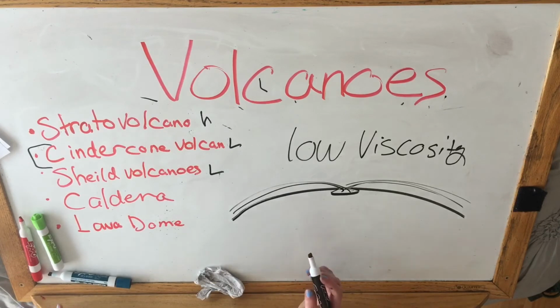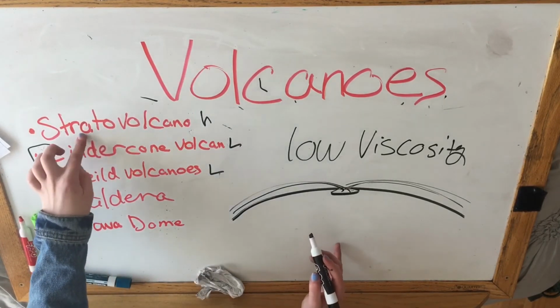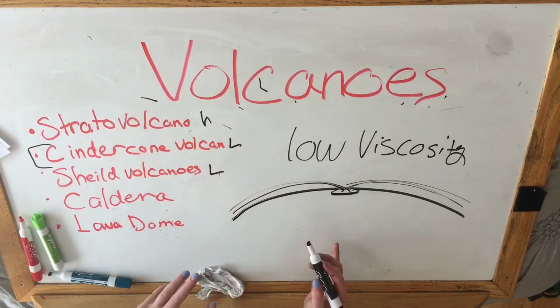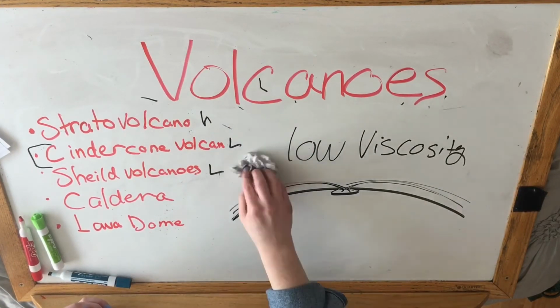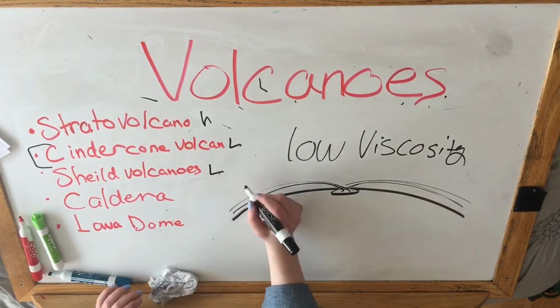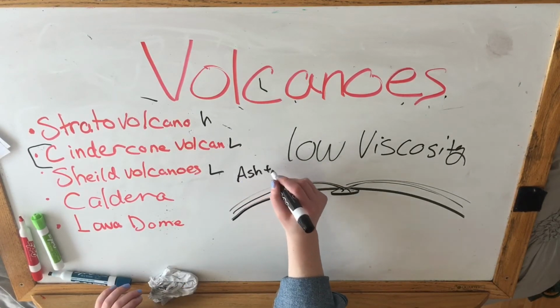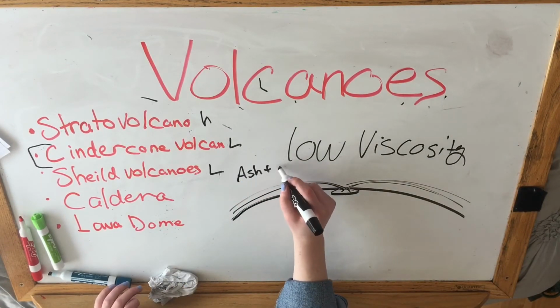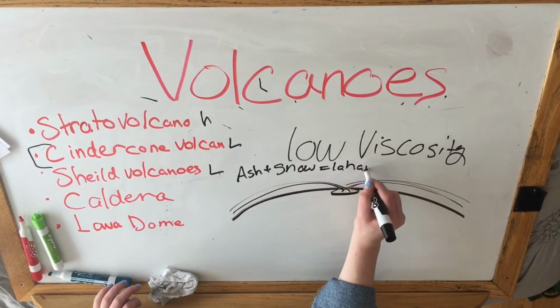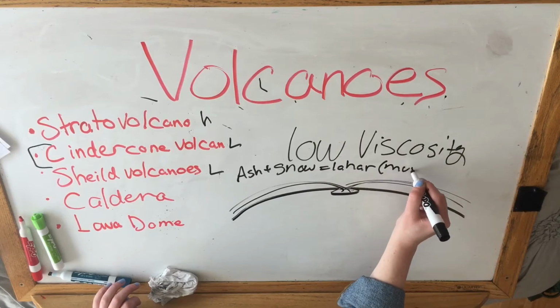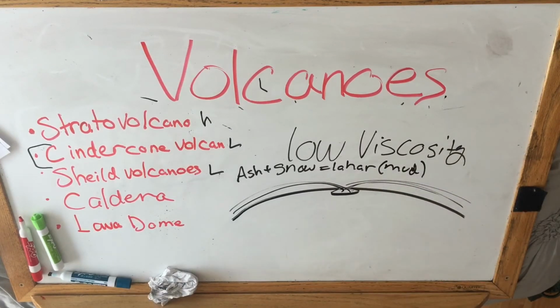Some lahar. So lahar is, I forgot to mention with the stratovolcanoes, what falls down that volcano. Lahar is another word for mud, but it is ash and glaciers or snow. Kind of creates a mud-like consistency.